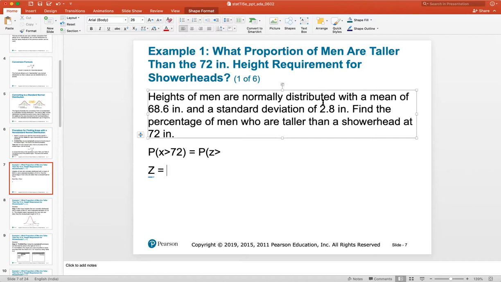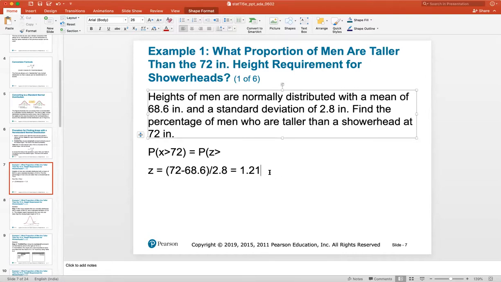So z is equal to 72 minus mu, which is 68.6, divided by sigma, which is 2.8. Okay. So now this should be the lowercase z. So now z is greater than approximately 1.21.